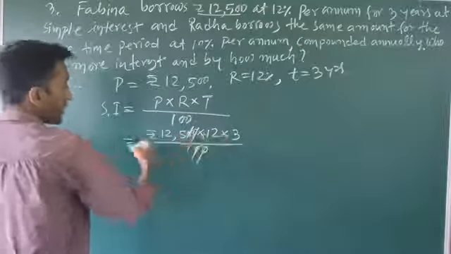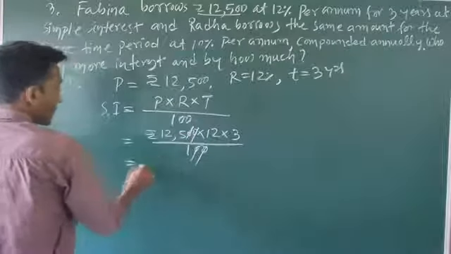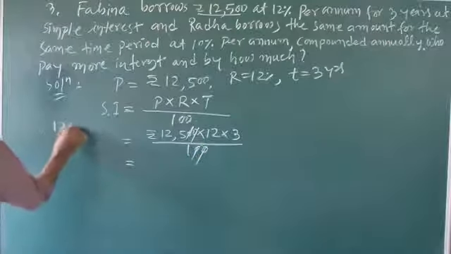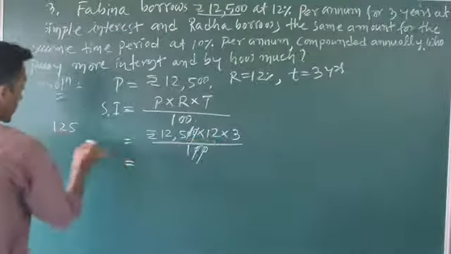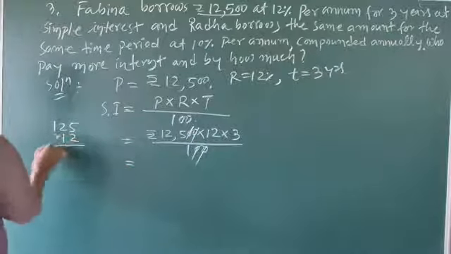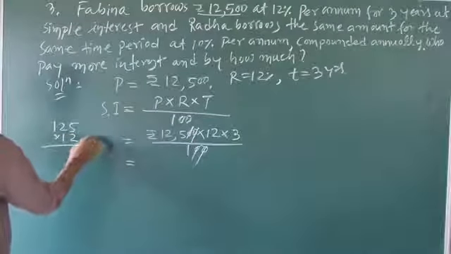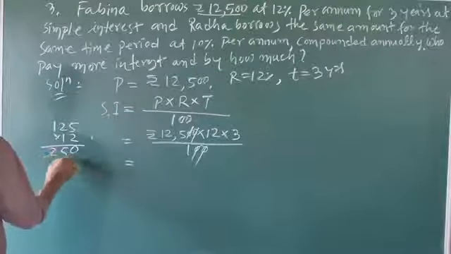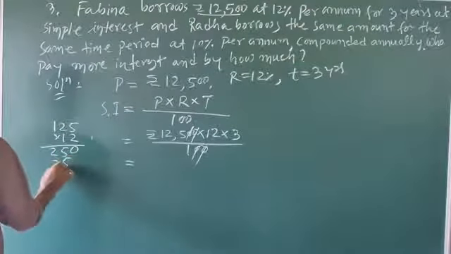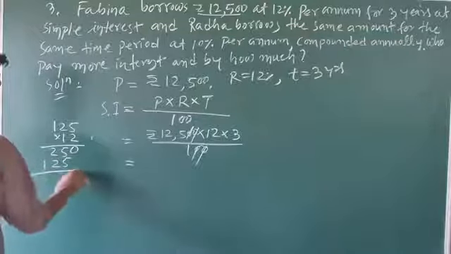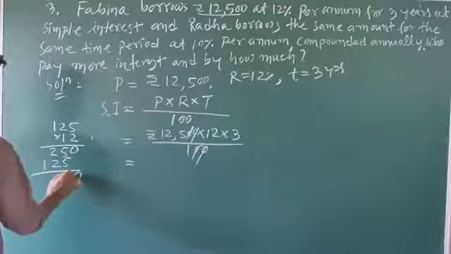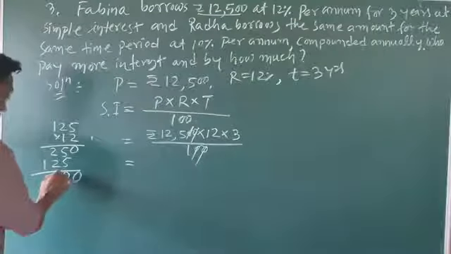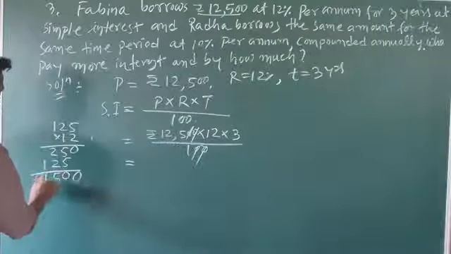Now find the product. Multiply 125 into 12. 2 5 is 10, 1 in hand. 2 twos are 4 plus 1 is 5. 2 1 is 2, 1 5 is 5. 1 2 is 2, 1 1 is 1. 2 0. 5 plus 5 is 10, 1 in hand. 2 plus 2 is 4 plus 1 is 5. 1.